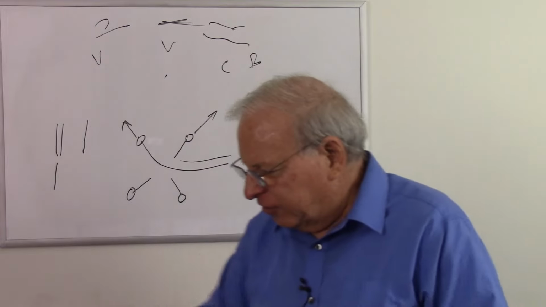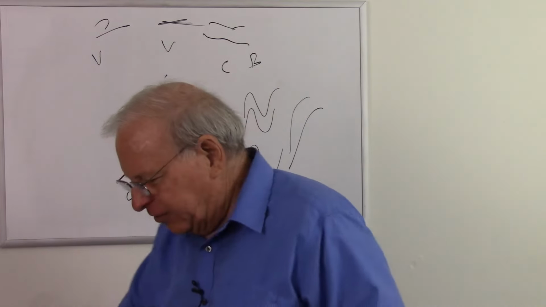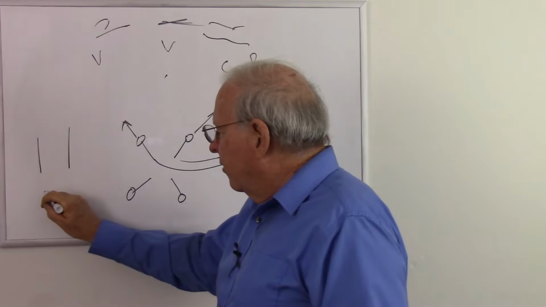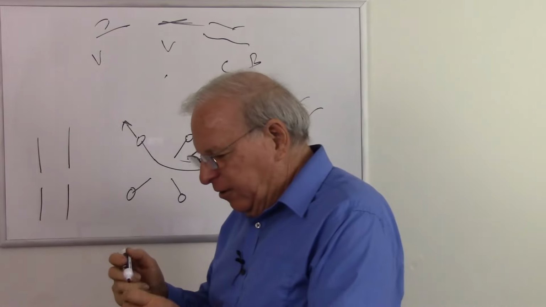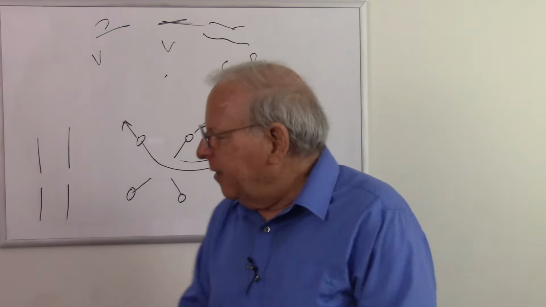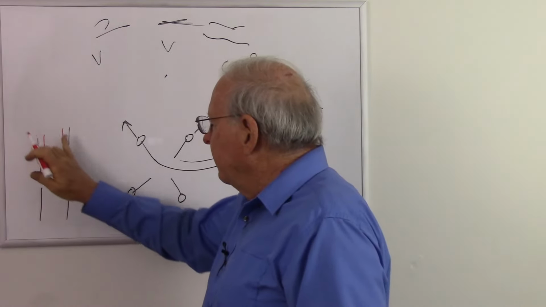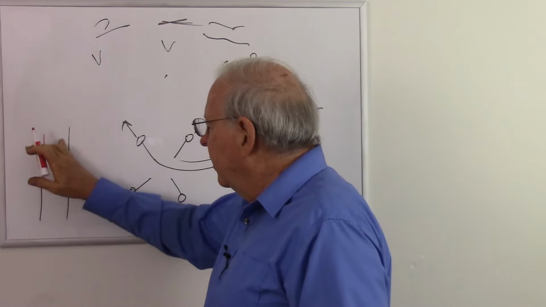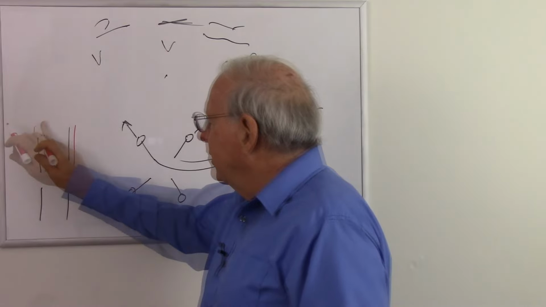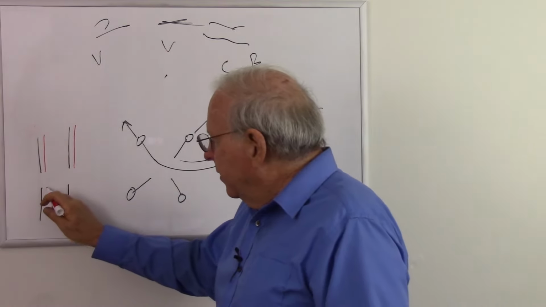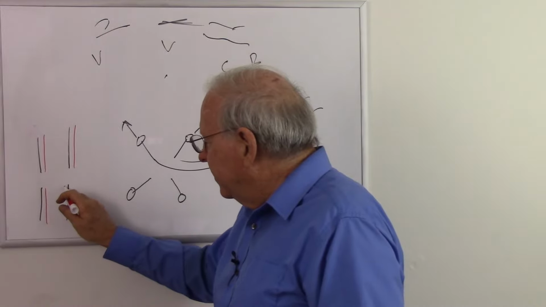Let me do this in colors just to help make sense of this. So to the front speakers, we have our 2 black wires. To the rear speakers, we have our 2 black wires. And then we have our 2 red wires going to the front speakers. And I'm going to draw these like that. So we have our black, red going to our speakers normally, but in the back, we do that flip.